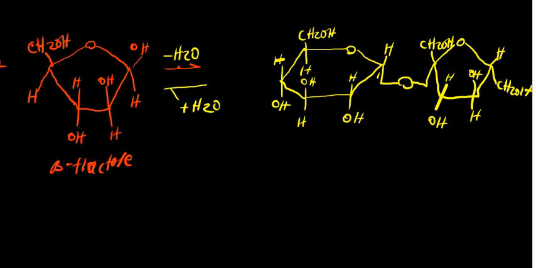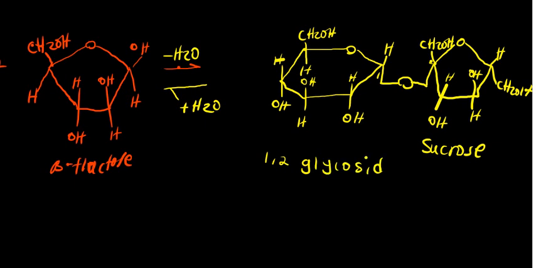In the structure of sucrose, you just join an alpha glucose and a beta fructose. The bond is a 1,2 glycosidic bond. This is the bond that joins the sucrose.